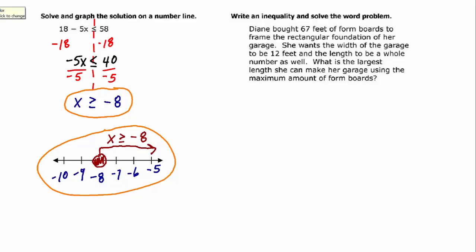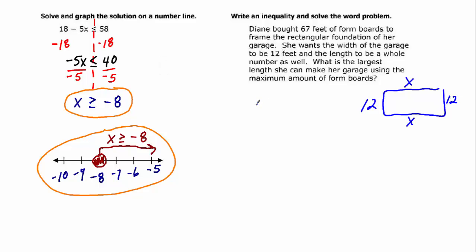Moving to the word problem. Diane bought 67 feet of foam boards to frame a rectangular foundation of a garage. She wants the width of the garage to be 12 feet. We don't know what the length of the garage is. Here's what we know. To get all the way around, let's just write them all in. There's another 12, there's another x.